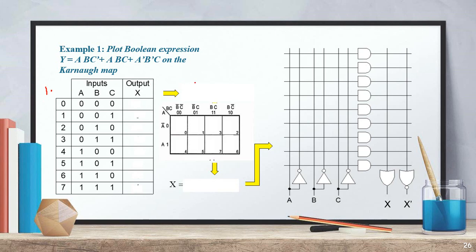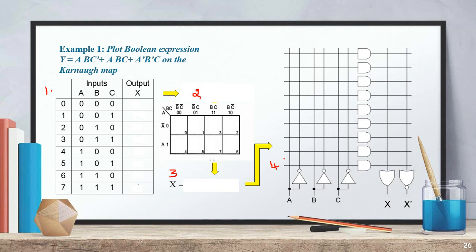Once the truth table is done, second we do the K-map. Once the K-map is completed, simplify the equation and get the final equation. Once the final equation is done, create the logic diagram from that equation. These are the four procedures we usually follow.